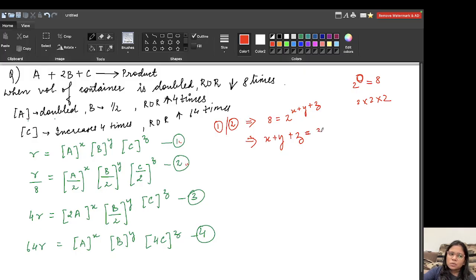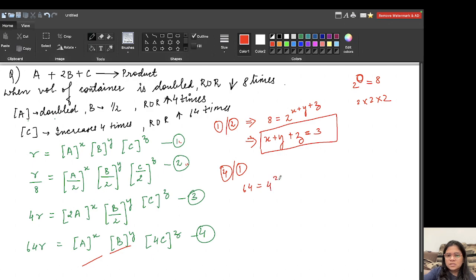So this is our first equation. Suppose X plus Y plus Z equals to 3. Then what should we do? What if I do 4 divided by 1 so that this and this all get cancelled?